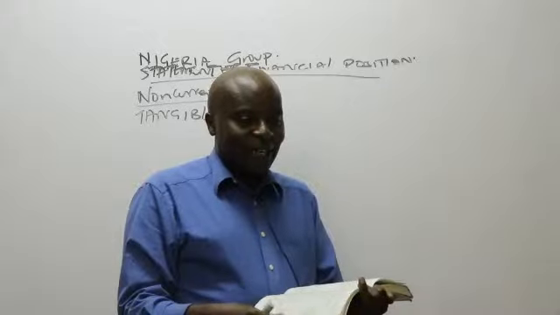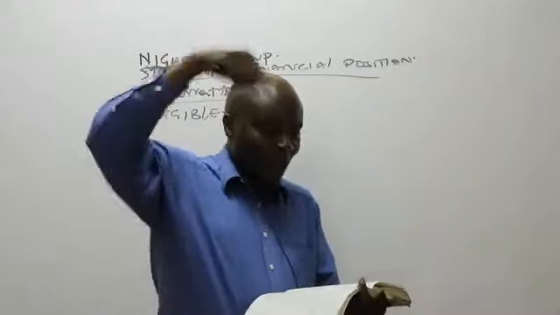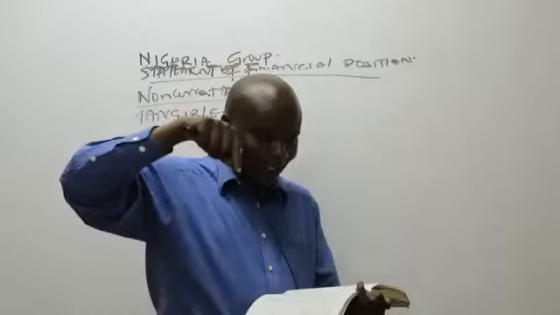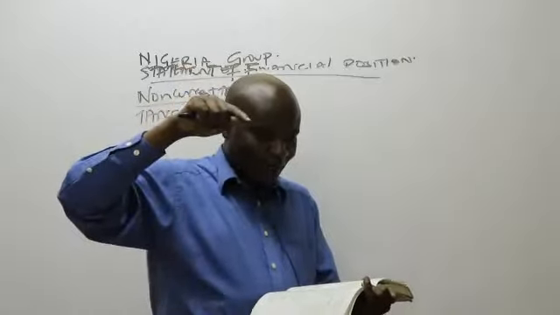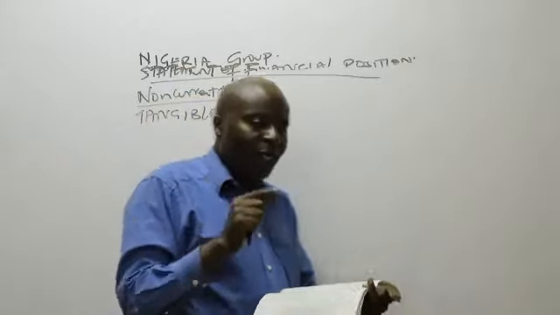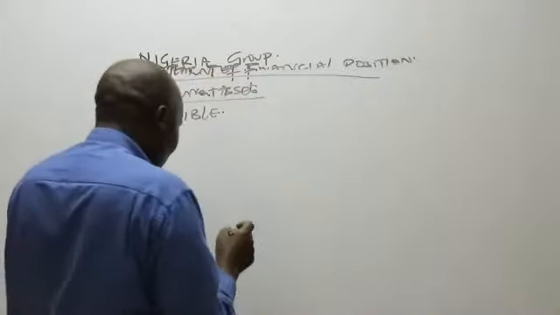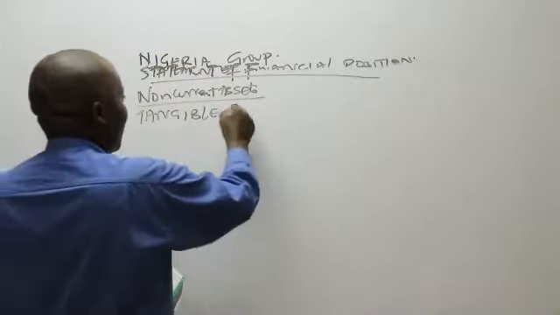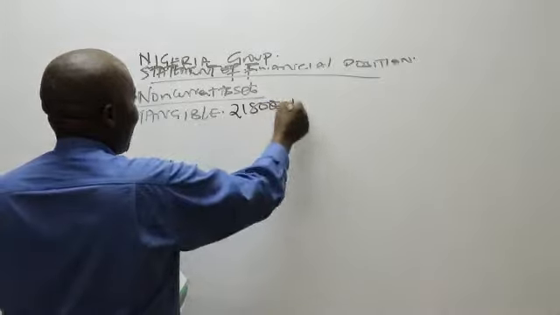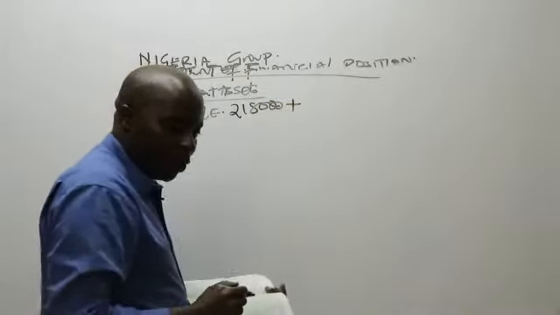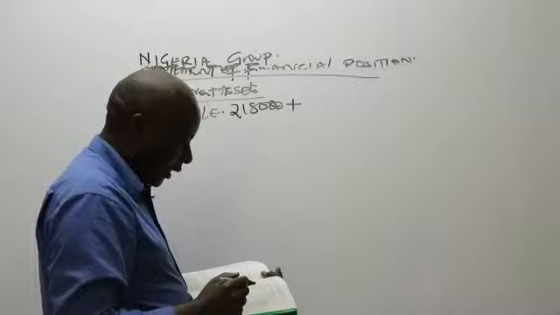I'm taking the one of the parent. Now remember, I've been able to translate the balance sheet of the subsidiary. So for the tangible, you'll be able to see the figure of the parent is 218,000.